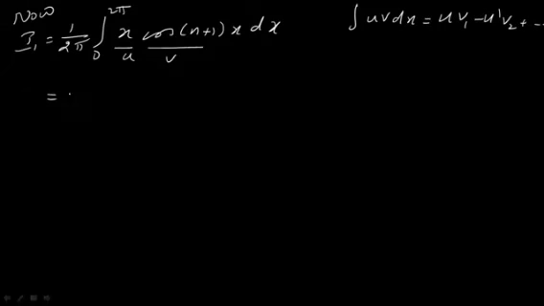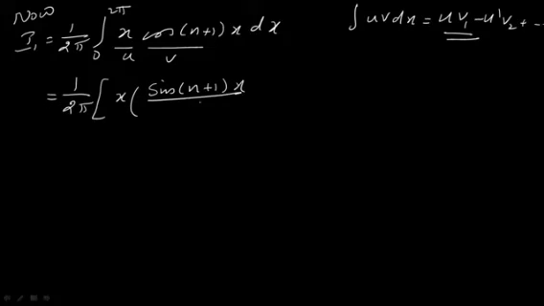So that is equal to 1 by 2 pi of u v1, right? U is nothing but x, and while you integrate cos (n plus 1)x you get v1, that is sin (n plus 1)x divided by n plus 1, right? Now this is your u and this is your v1.